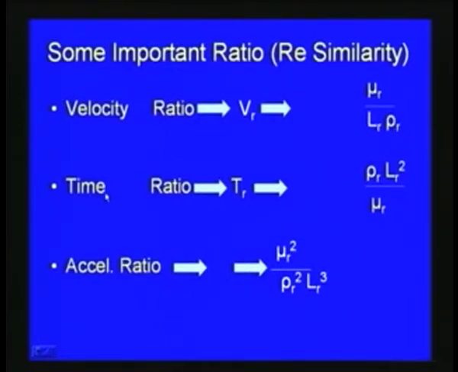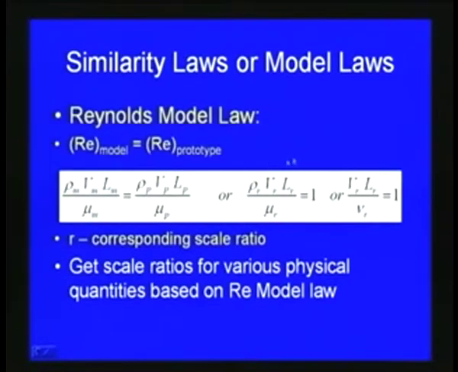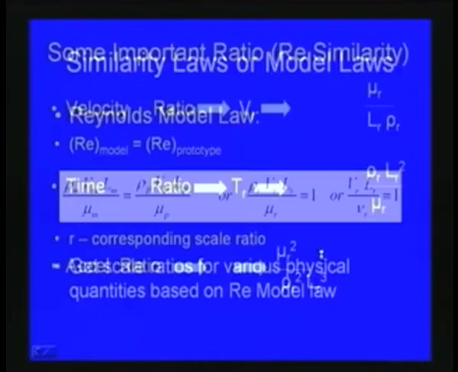Similarly, if you consider the time ratio with respect to the Reynolds similarity, we can write rho_r L_r^2 / mu_r, and the acceleration ratio we can write as mu_r^2 / (rho_r^2 L_r^3). All these parameters we are deriving with respect to this Reynolds model law, and r corresponds to the scale ratio.